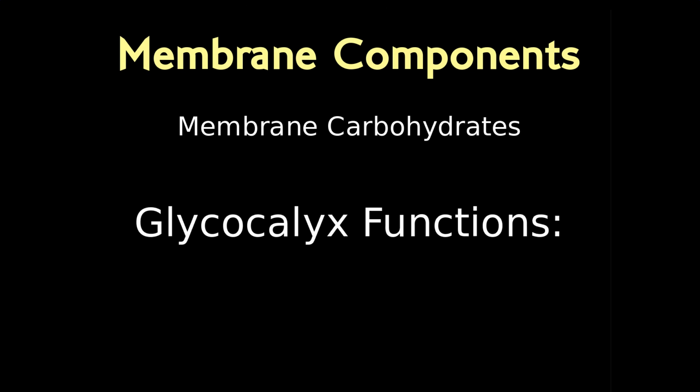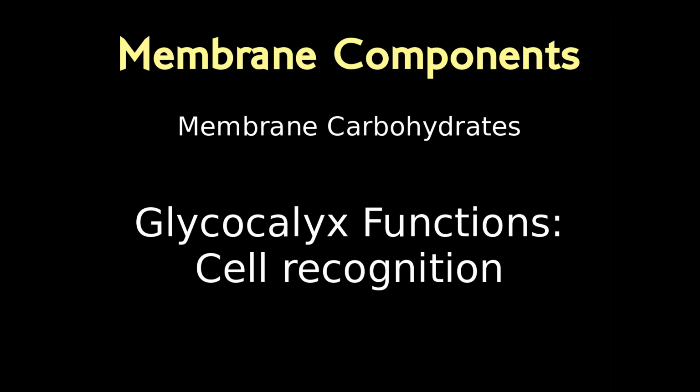So the glycocalyx has quite a few functions. One of the most important of those, or the one that is the most common, is for cell recognition. The major way that cells recognize other cells and what they are is by interacting with carbohydrates on the cell surface and then figuring out by some signaling pathway what that cell is. You find out a lot more about that if you take immunology, because in the grand scheme of things, a lot of your active immune system is cells recognizing other cells.